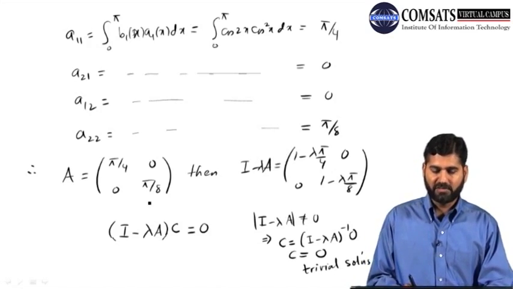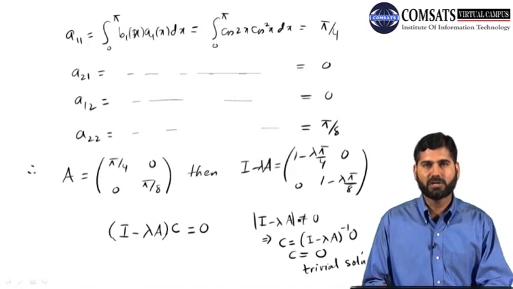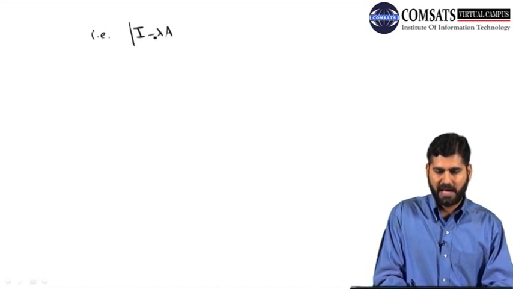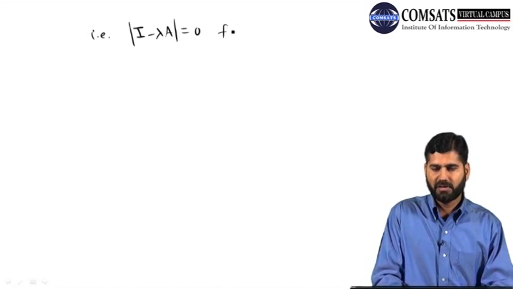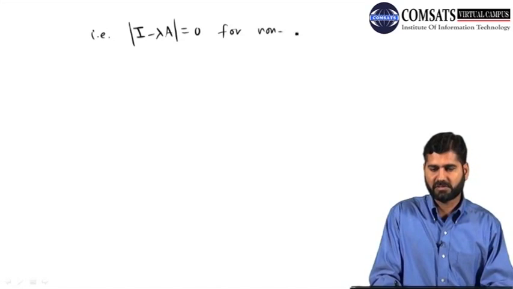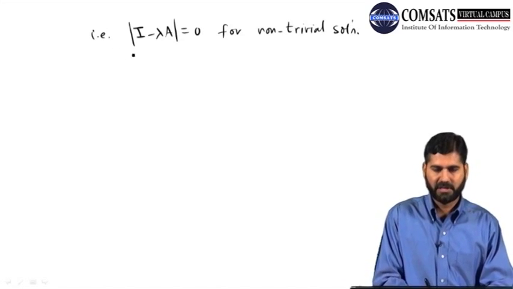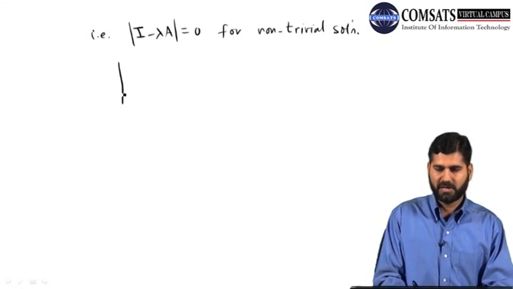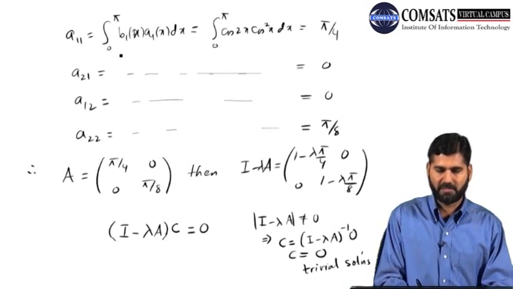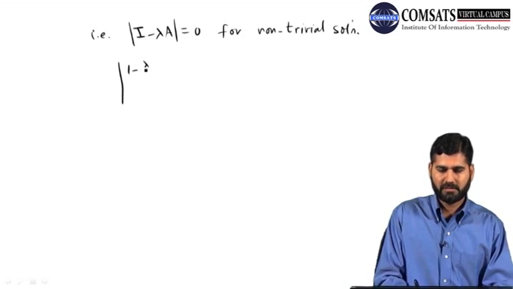All right. So for a non-trivial solution, we must have the determinant equal to 0. That is, the determinant of I minus lambda A has to be equal to 0 for non-trivial solutions. So this will give you the permissible values of lambda. So if I solve it, what is 1 minus lambda pi by 4, 0, 0, 1 minus lambda pi by 8?